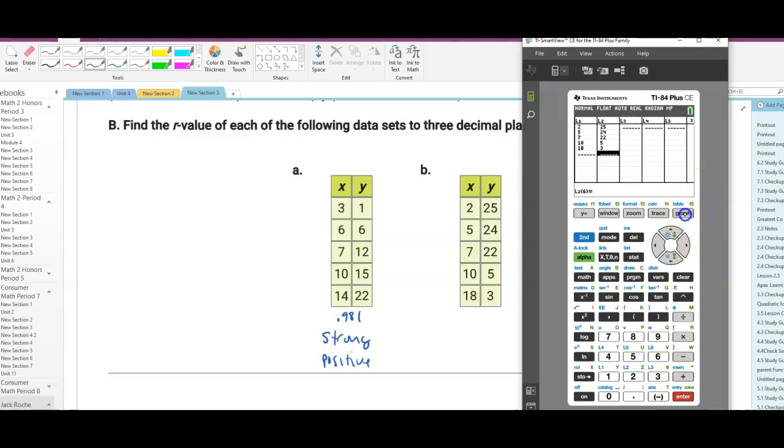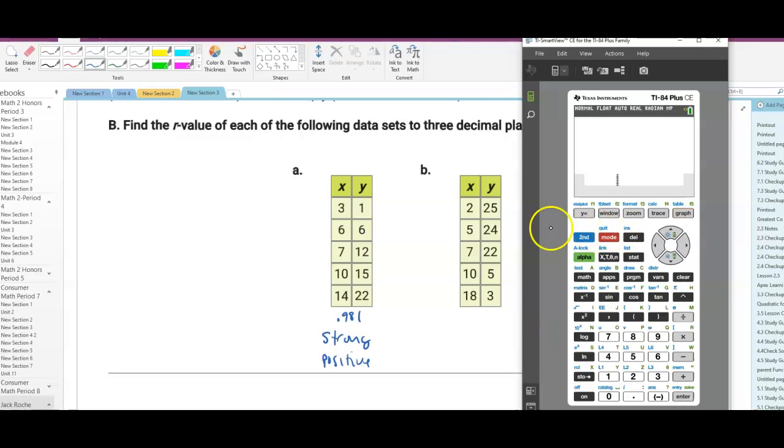Now, when I hit graph, I want you to predict, just by looking at points, do you think that's going to be closer to 1, closer to 0.5, or closer to 0? Remember, the stronger it is, the closer to 1. But in this case, it's actually going to be closer to, potentially -1, -0.5, or 0, because it has a negative correlation.